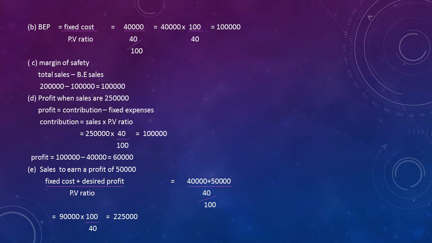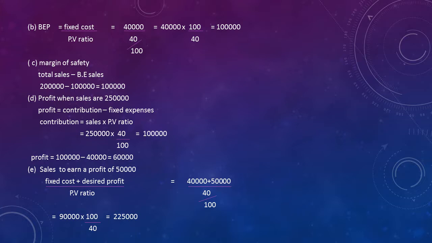So the answer is 40,000 into 100 divided by 40, which is equal to 1 lakh. So break-even point is 1 lakh. Then how can you calculate margin of safety? Total sales minus break-even sales. Total sales 2 lakh, break-even sales 1 lakh. So the answer will be 1 lakh.